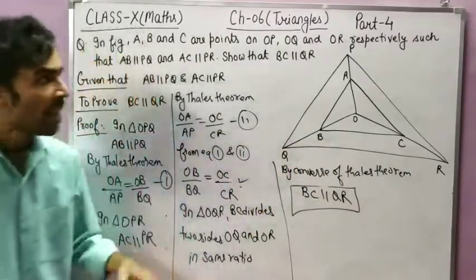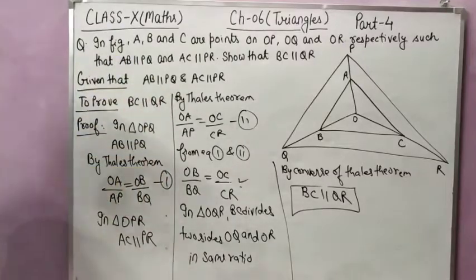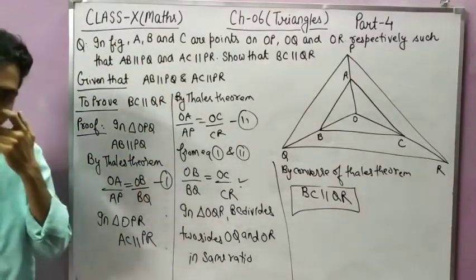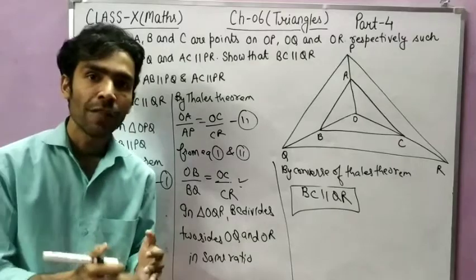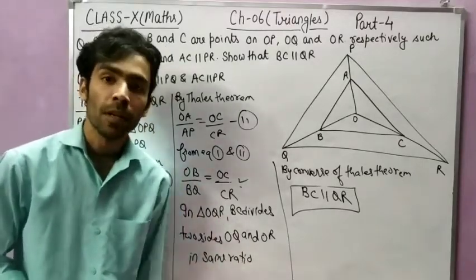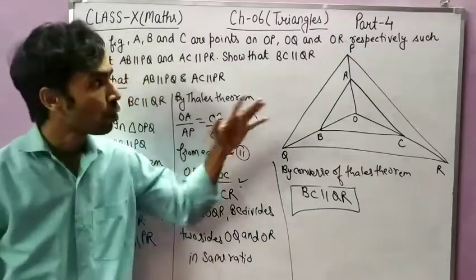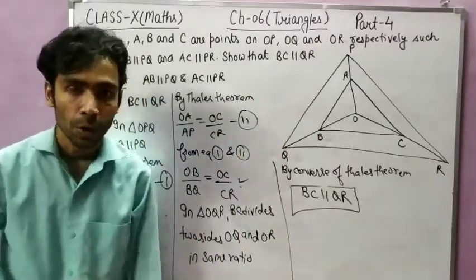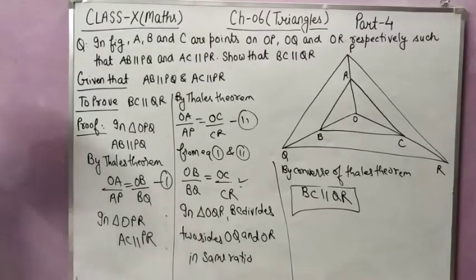So that way, student, you have to solve this type of question. And whatever question I am solving now is either from exercise 6.2 or before exercise 6.2, meaning I am solving the examples also. I hope it is clear to you. So please note it down.